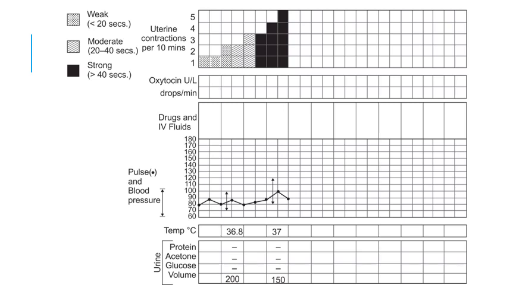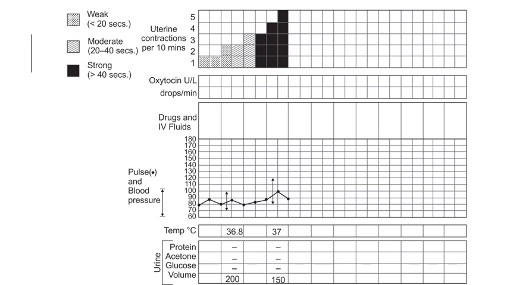If the contractions last 20 to 40 seconds, we call it a moderate contraction, so the shading is in the form of oblique, slanting lines. And in case of strong contractions lasting more than 40 seconds, the whole box is shaded completely.